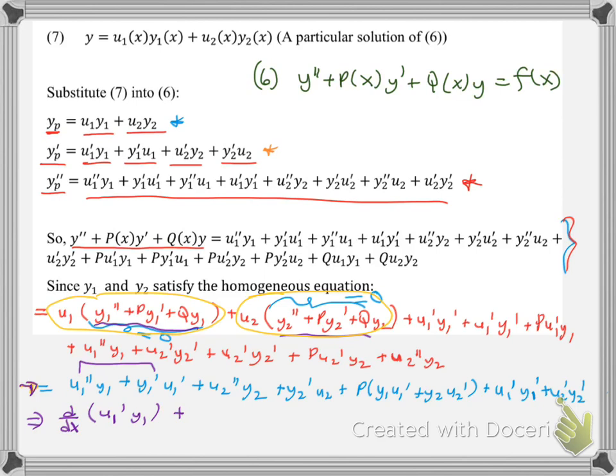Okay. And then here is the derivative using the product rule of u2 prime y2. Okay. And then we're left with p of, I'm going to write it as u1 prime y1 plus u2 prime y2, and then plus u1 prime y1 prime plus u2 prime y2 prime.